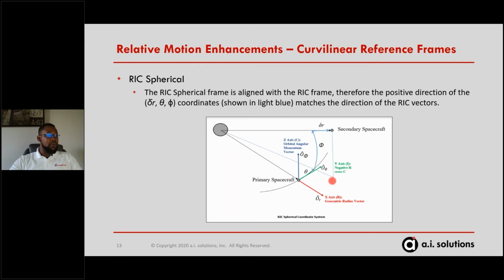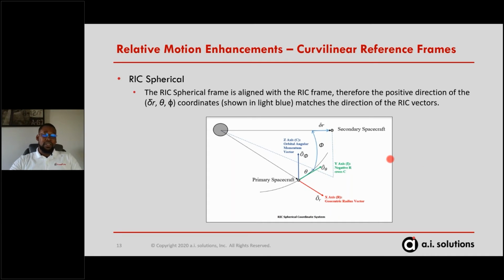On the cylindrical, we saw that we had that projection of the delta rho into our XY plane. In this case, we're using a theta to find our translation of the angle, and then we're using a phi to traverse up our spherical boundary, and then we take the difference in our radial position to define that relative spatial reference.